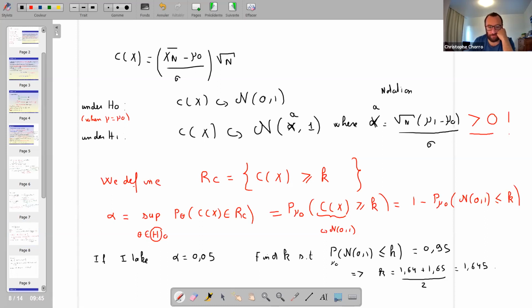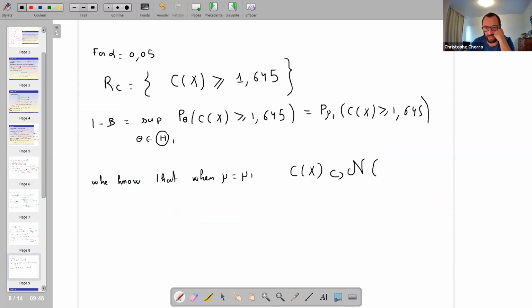So it fulfills N(A, 1). So if I want to compute this, P of mu1, C of X greater than 1.645, how to do?